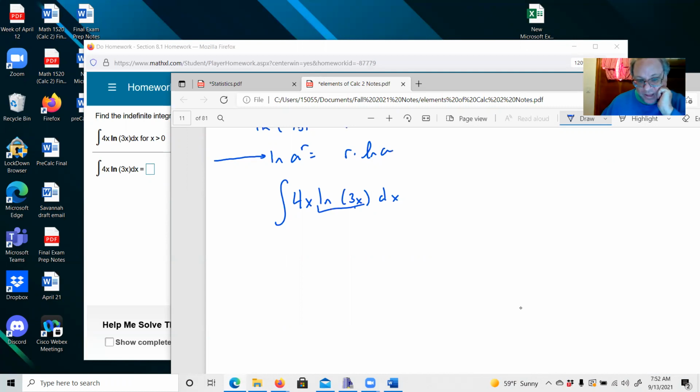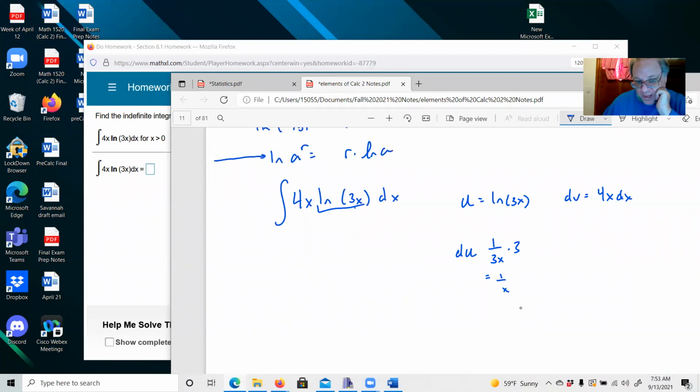So here, I can't integrate this piece. When I'm picking my u and my dv, I can integrate 4x, that's not a problem. So dv is 4x dx, and u is natural log 3x. Du, take the derivative, that's 1 over 3x times the chain rule factor 3, which is equal to 1 over x.